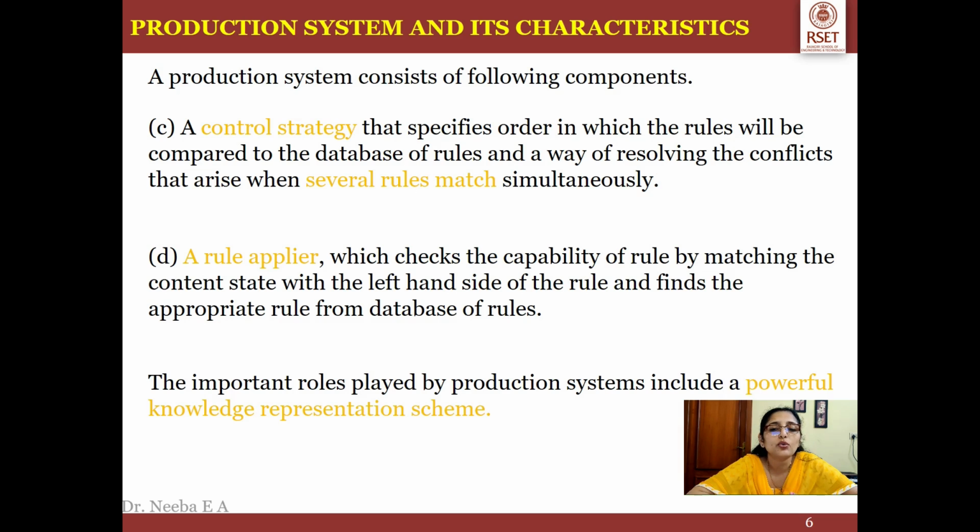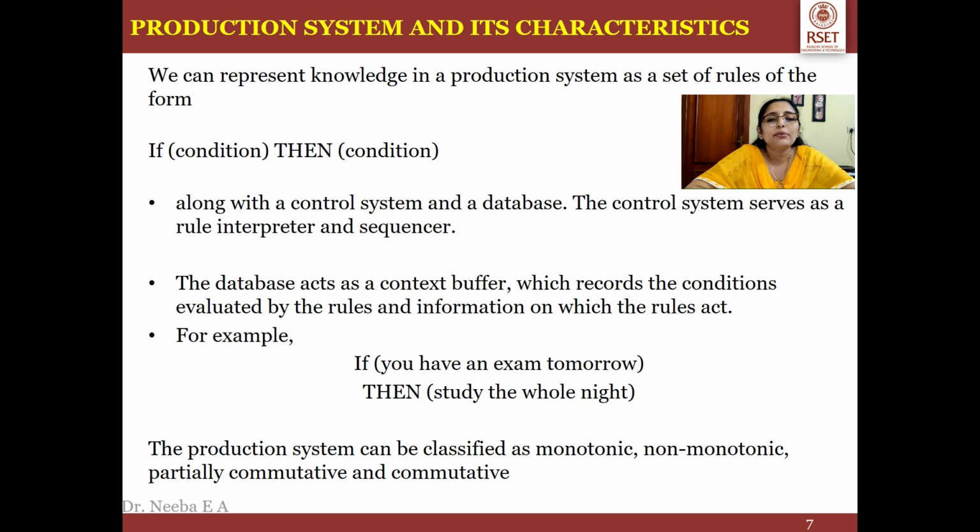The important roles played by the production system include a powerful knowledge representation scheme. We can represent knowledge in a production system as a set of rules of the form if condition, then action. Along with a control system and a database, the control system serves as a rule interpreter and a sequencer.